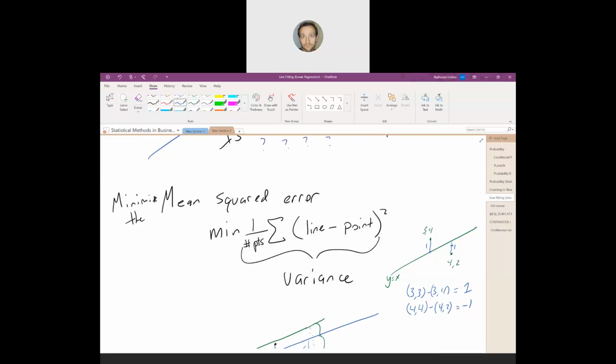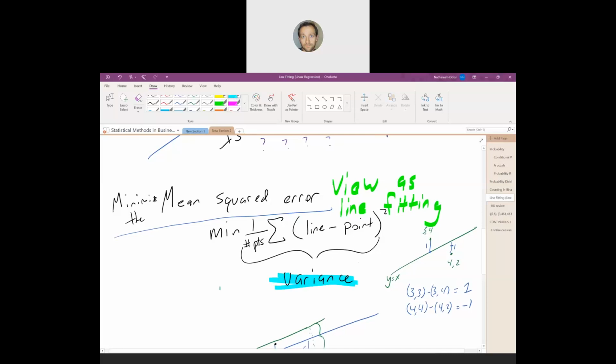So this view as line fitting. See below.